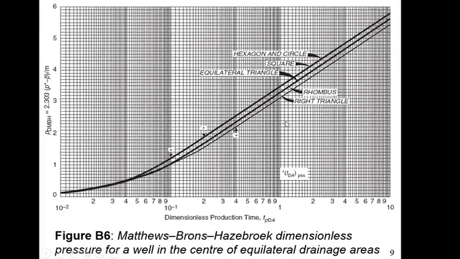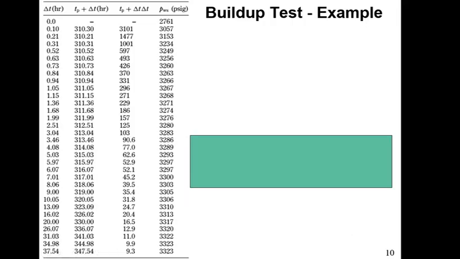So this is the charts for different reservoir geometries for obtaining the dimensionless MBH pressure, and it's used shortly.